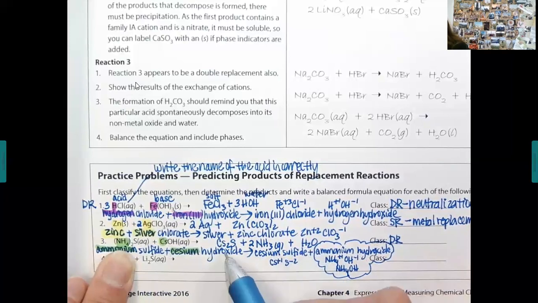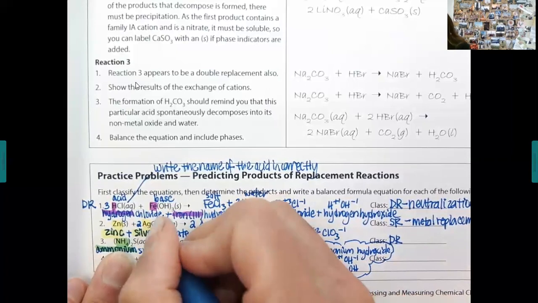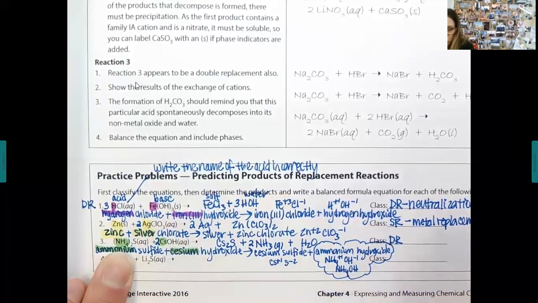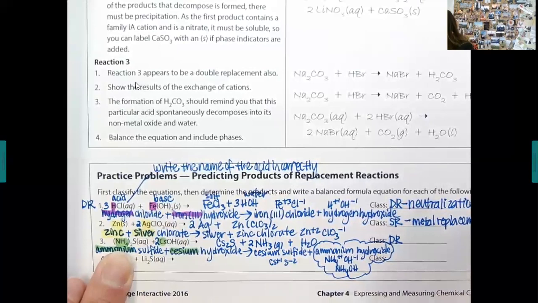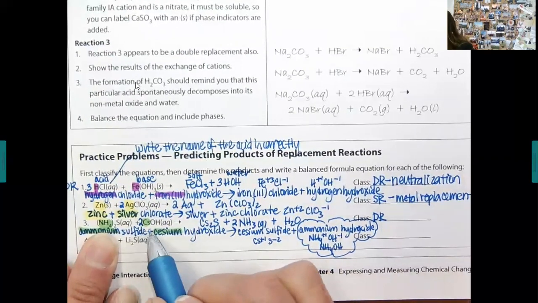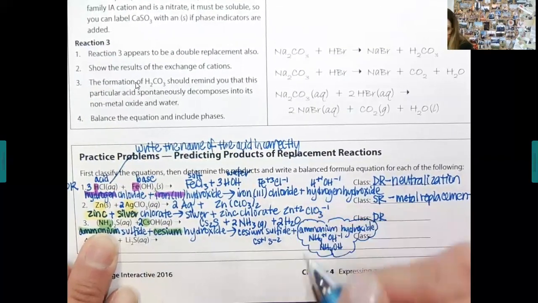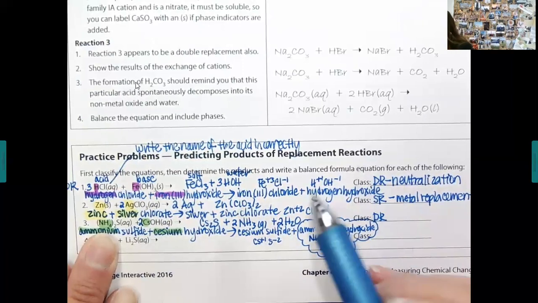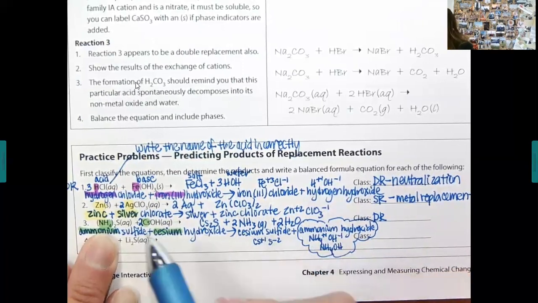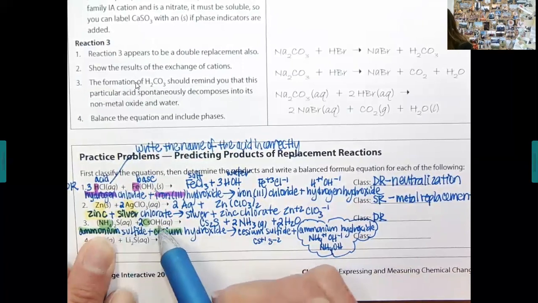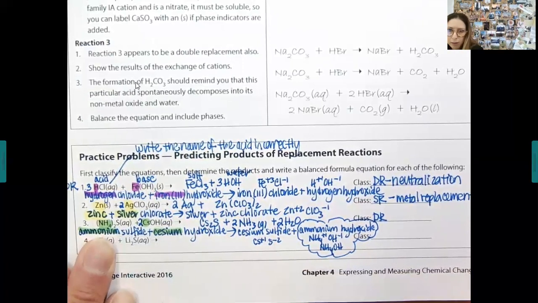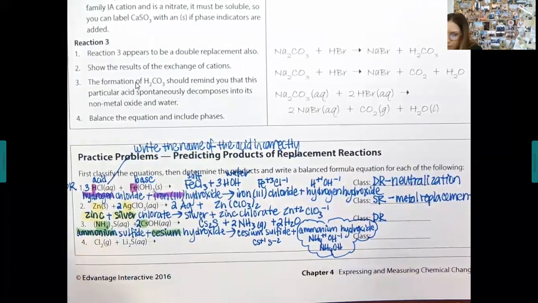And then I've got 2 cesiums there. I'm going to put a 2 here to balance my cesium, which changes my oxygen and my hydrogen. So that 2 also goes to the oxygen. So I'm going to put a 2 here to balance the oxygen. And then my hydrogens are 6 plus 4, which is 10. 8 plus 2 is 10. So now we're balanced.